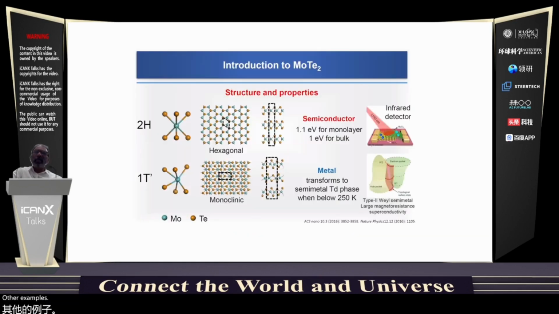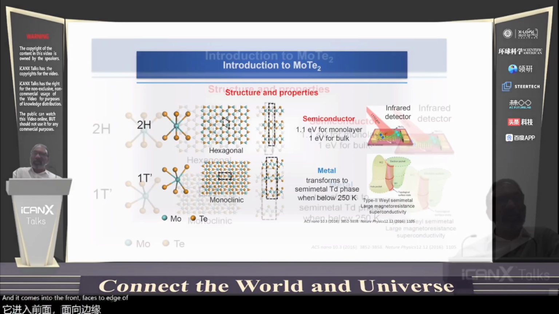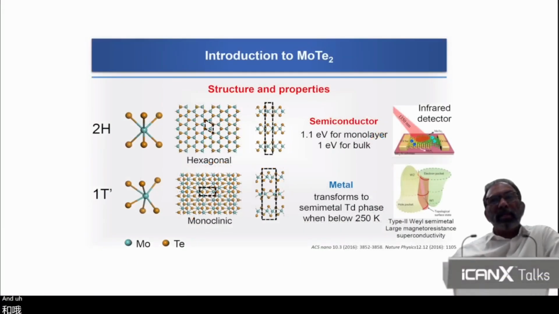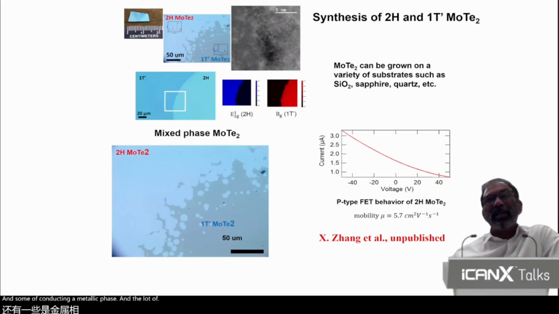Another example is molybdenum telluride. Again, a different type of 2D system, a TMD system, with a reasonably low band gap, and it comes in two different phases, 2H and the 1T prime phase, the semiconducting and metallic phase. And there's a lot of work directed towards controlling what phase you can grow.